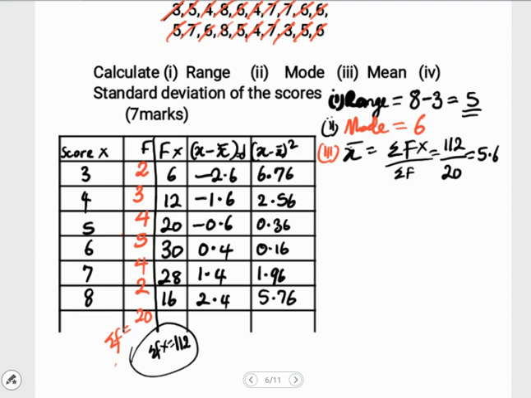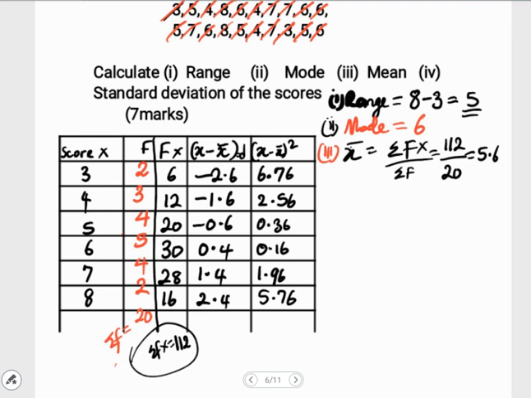Negative 1.6 squared will give us 2.56. Negative 0.6 squared will give us 0.36. 0.4 squared will give us 0.16. 1.4 squared will give us 1.96, and then 2.4 squared will give us 5.76.